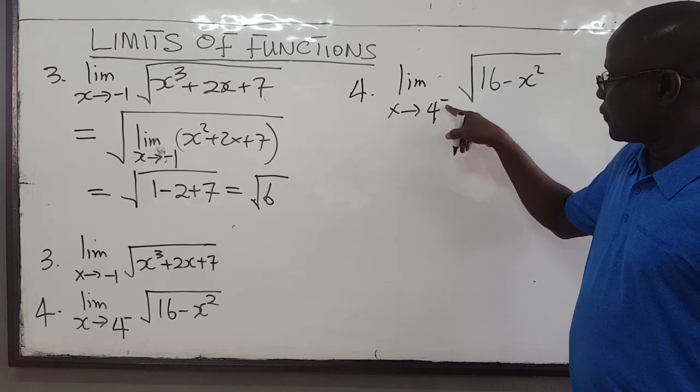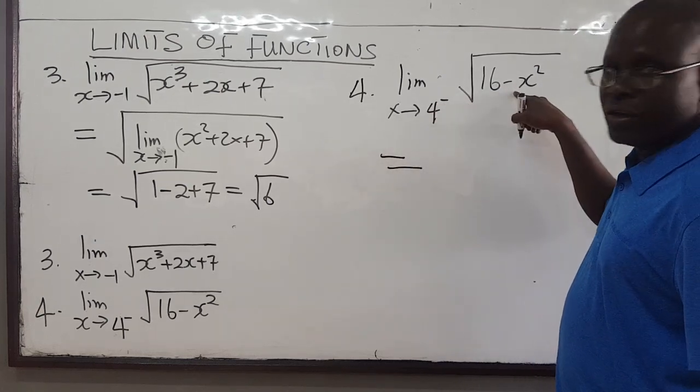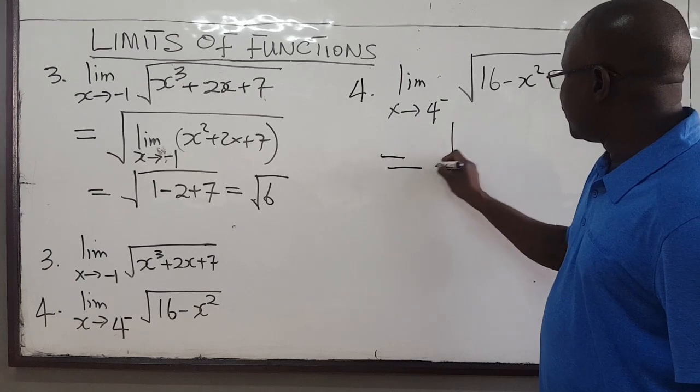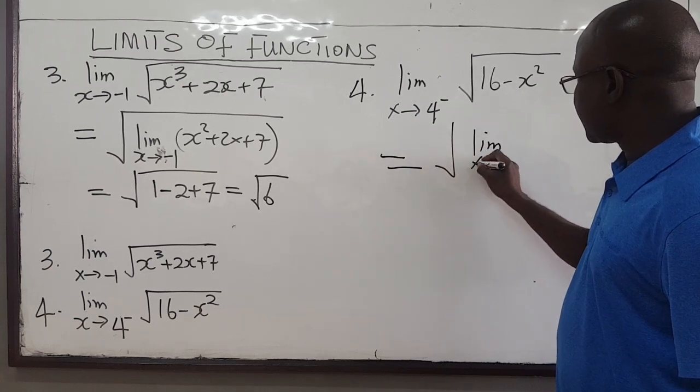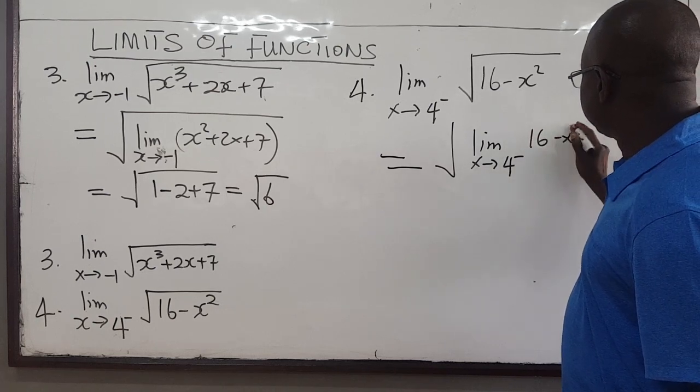Since it's 4 from the left hand side, you can do the same thing, because this is in the domain. So this will be the square root of the limit as x approaches 4 from the left hand side of 16 minus x squared.